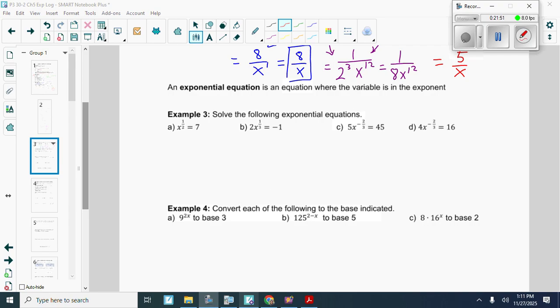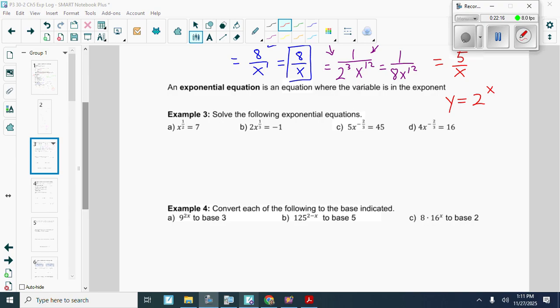You learned linear, y equals ax plus b. We did quadratic, y equals ax squared plus bx plus c. We did cubic. This one's an exponential. This one's going to look like this: y equals 2, and this time the x is up in the exponent. That's just what an exponential function means.